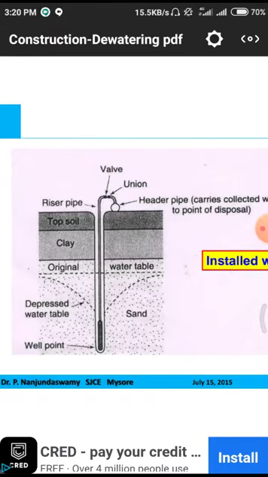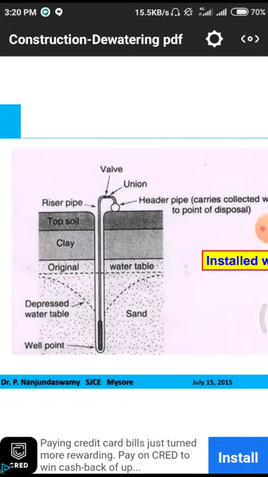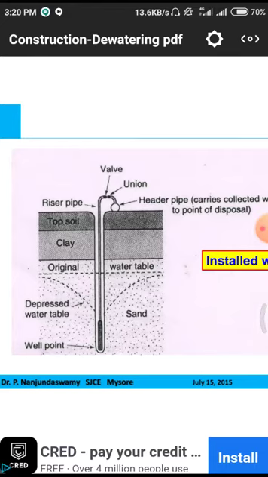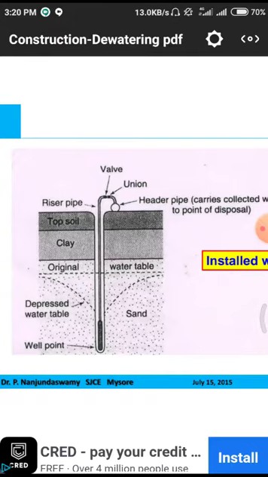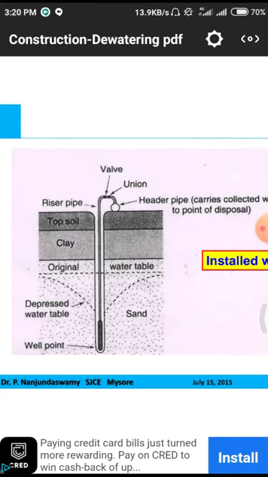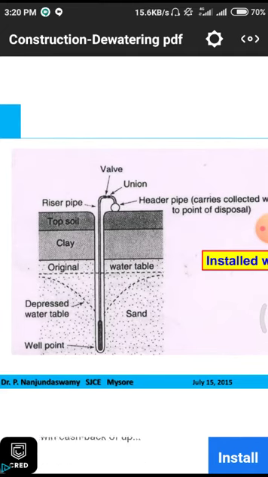Likewise we have different points. From all those points, these riser pipes will collect water, and it will be fed into the main header pipes. Here we have a union and valve. Those are for regulatory purposes. Normally valves are used for regulation, that means speed control or flow control.